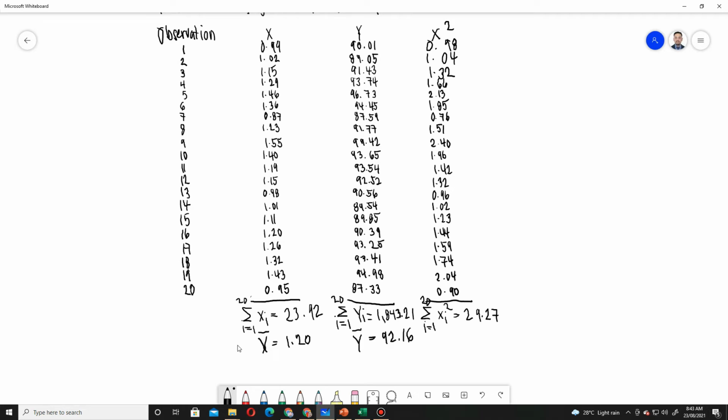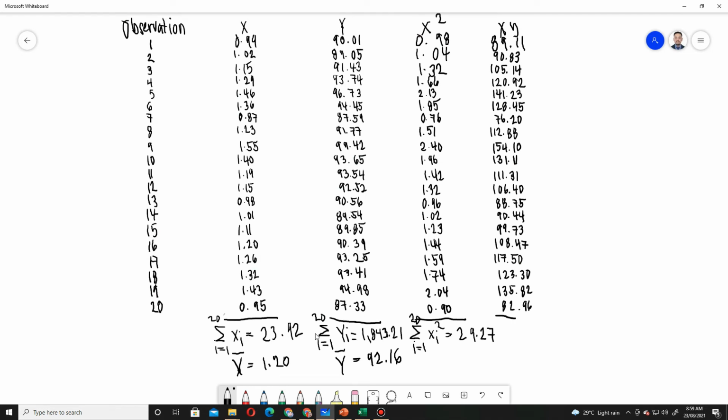Now we will create a column for xy. So we will just multiply the x column to the y column. For this first row, we have 0.99 multiplied by 90.01. We have 89.11 in 2 decimal places, and we will do that to the rest of the rows until we reach the 20th.